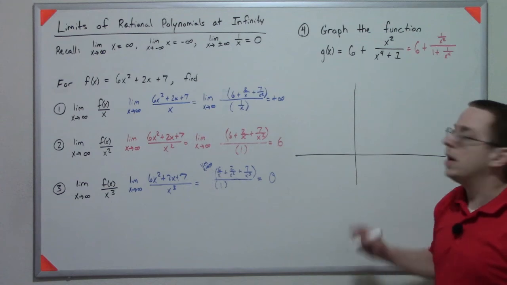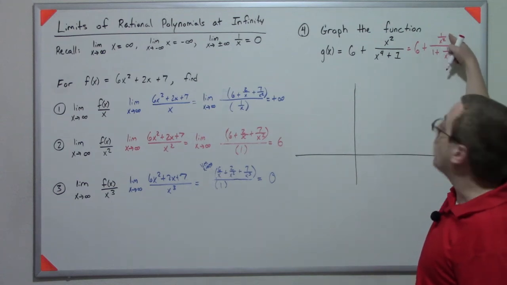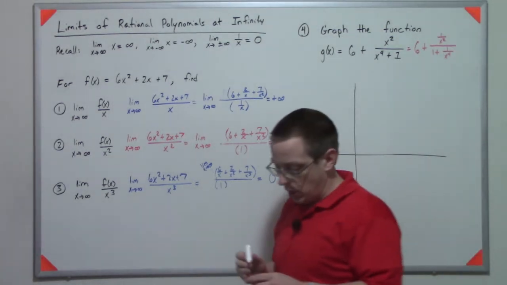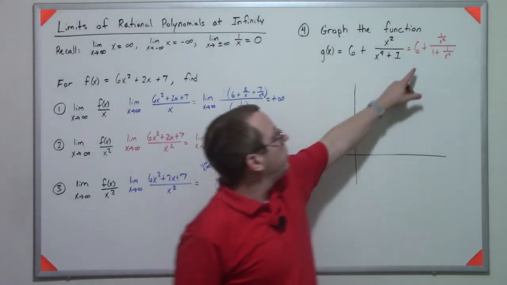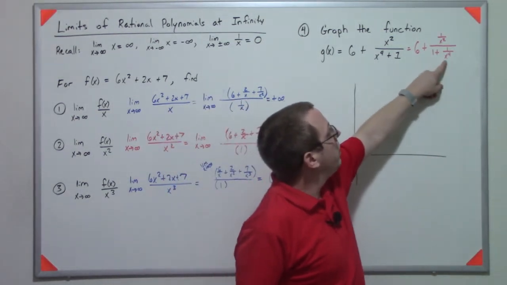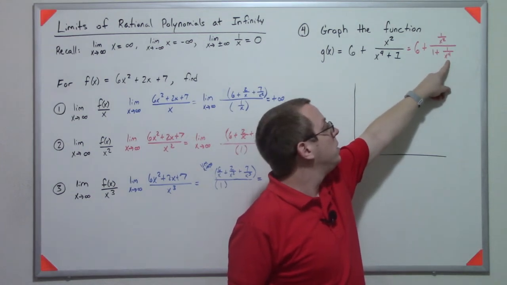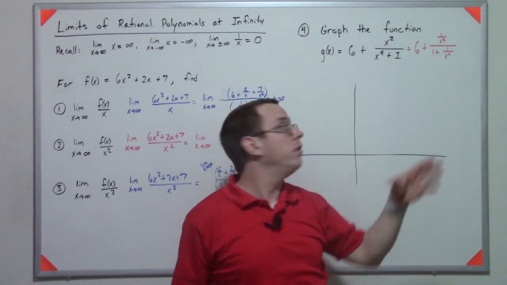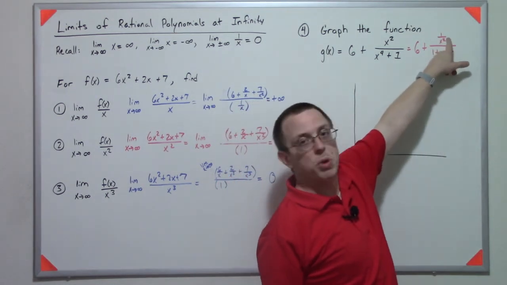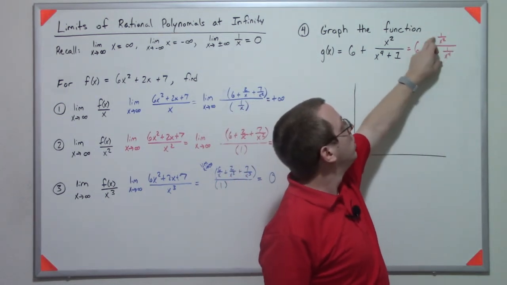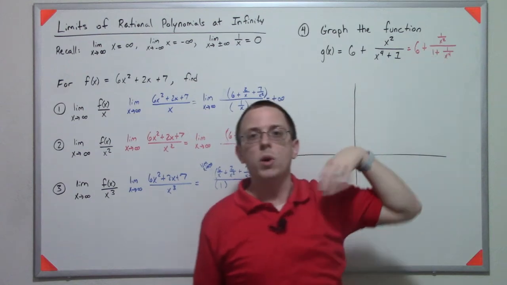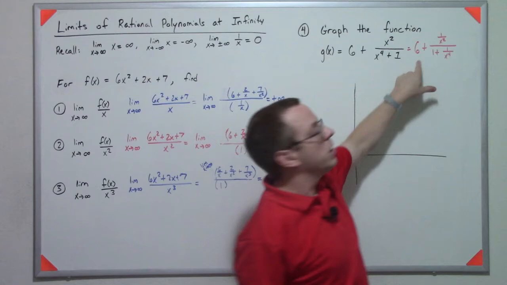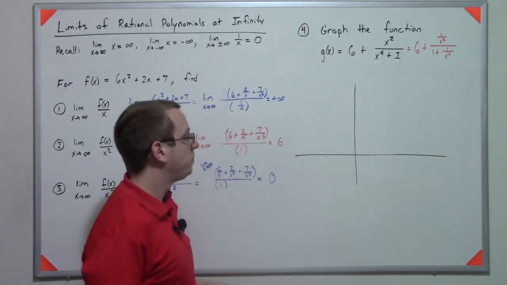We could rewrite that as 1 over x squared over 1 plus 1 over x to the fourth. That's pretty ugly, but as the limit approaches infinity, that's going to disappear, and that's going to disappear, even when we go to negative infinity. So it's going to be 0 over 1. That tells me that long term, that piece disappears, and you're only left with the 6.